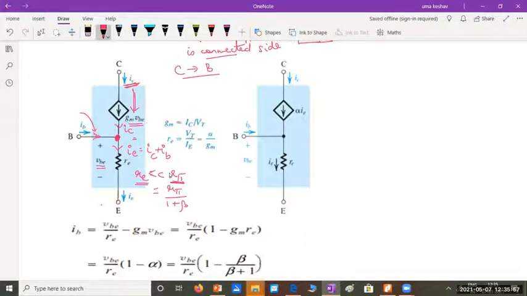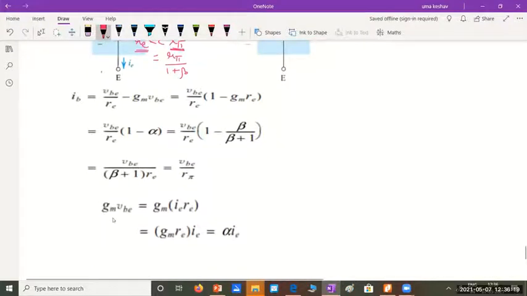So I can use that resistance here because I know the current in that branch is IE, emitter current, which is the sum of IC and IB. So just like in the previous case, we can replace this GM VBE with alpha. That's what is shown here.